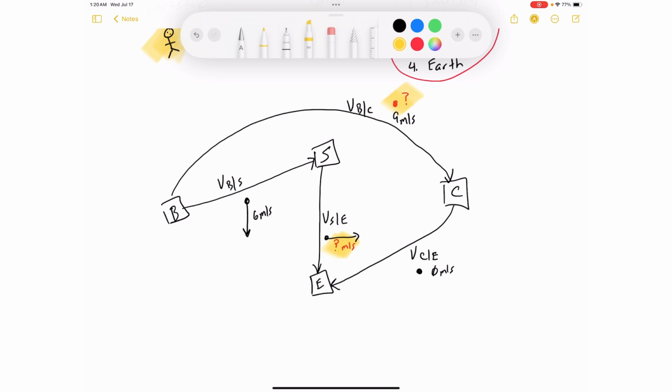The other thing I would probably like to find out is what this vector looks like. This is the velocity of the ball relative to the Earth. No information was given in the problem about that, so maybe that's also something I would like to find out.